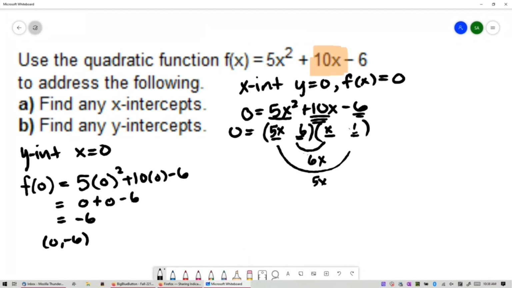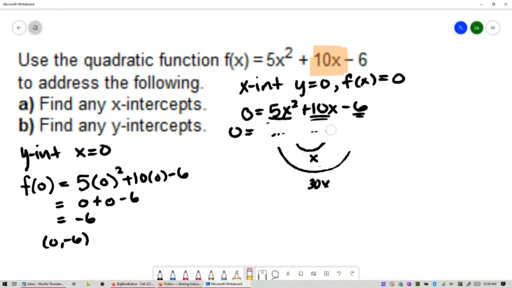That doesn't give me 10. Let's try the 1 and 6. 1 and 6 gives me x and 30x. And that doesn't give me the 10x in the middle. So factoring does not work here. We've tried every combination, and factoring doesn't work.